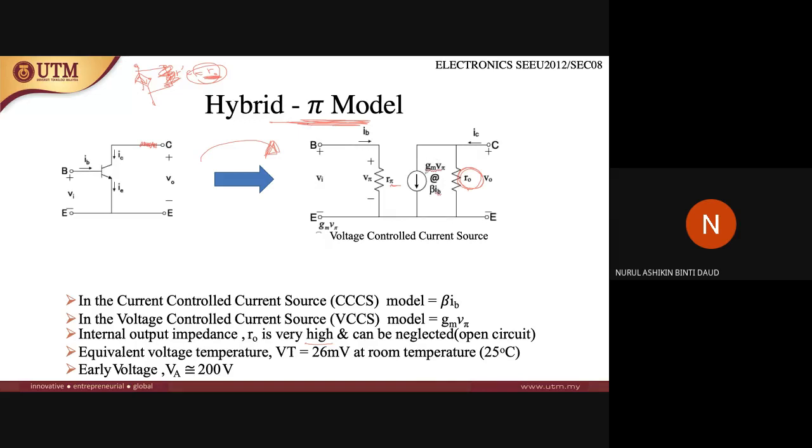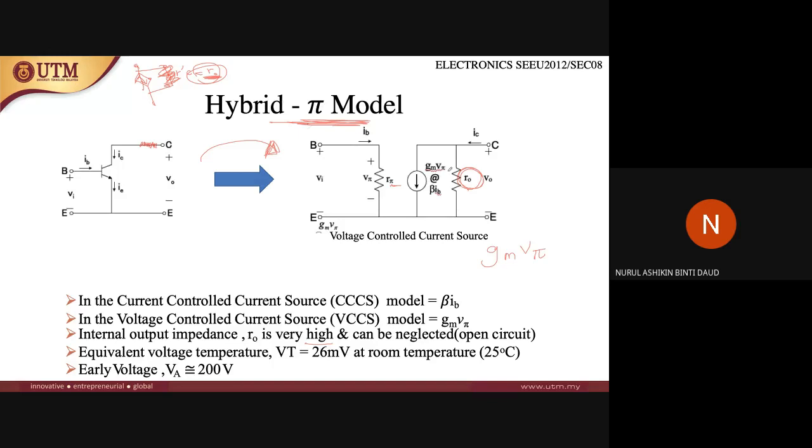The transconductance can be represented as GM V pi. For the RE parameters just now, this is only represented as beta IB, right? But in this pi model, beta IB can also be represented by GM V pi.